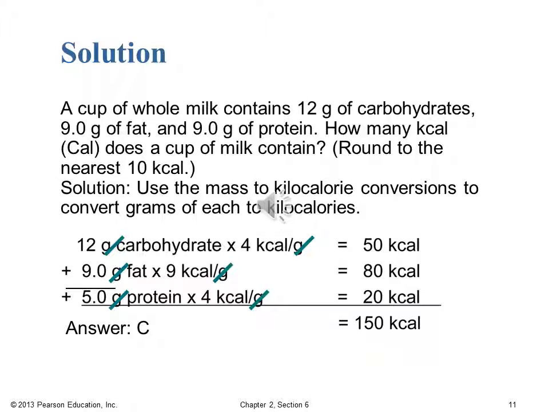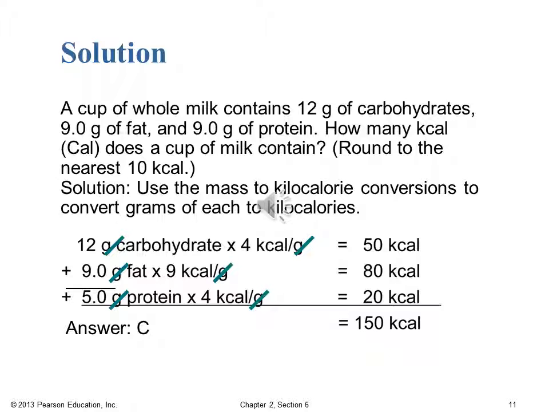So in this cup of milk, those 12 grams of carbohydrates, we'll have to multiply that by the 4 kilocalories per gram to get a total of 50 kcals of energy from the carbohydrate. 9.0 grams of fat times 9 kcals per gram for the fat gives us 80 kcals. And then finally, the 9.0 grams of protein times the 4 kcals per gram of protein gives us 40 kcals for the protein's contribution, for a total kilocalorie value of 150 kcals.